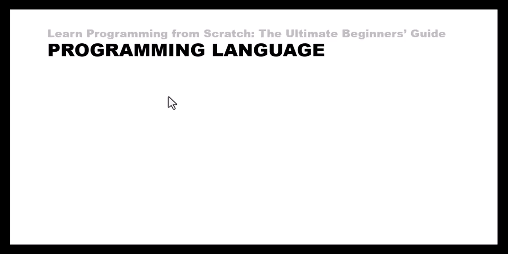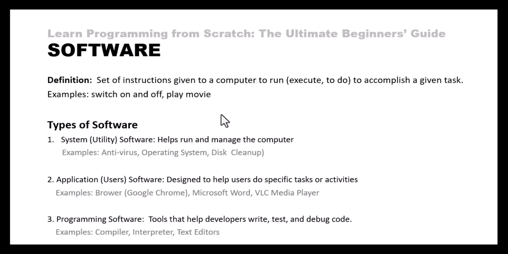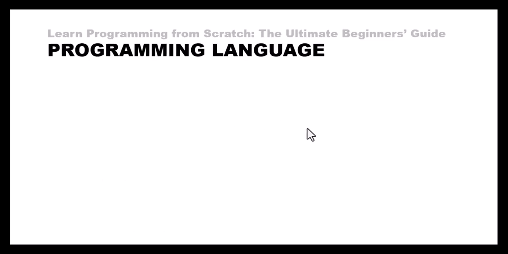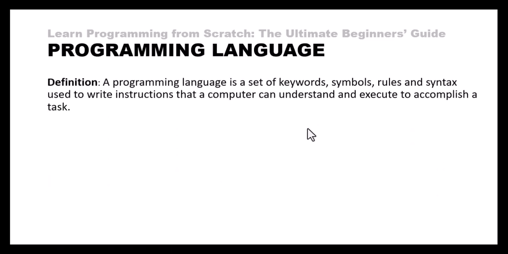A programming language is the instrument that you're going to use to write instructions that a computer can understand. But what is a programming language itself? By definition, a programming language is a set of keywords, symbols, rules, and syntax used to write instructions that a computer can understand and execute to accomplish a task.